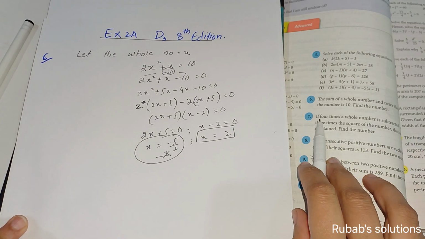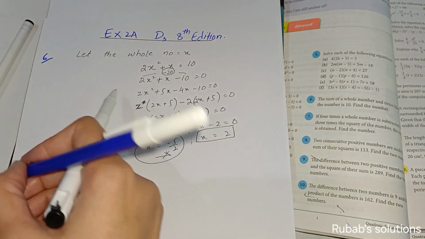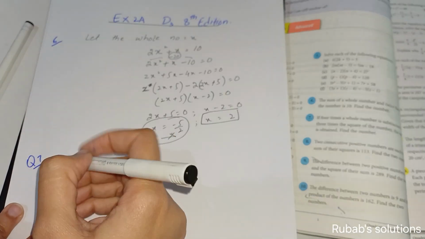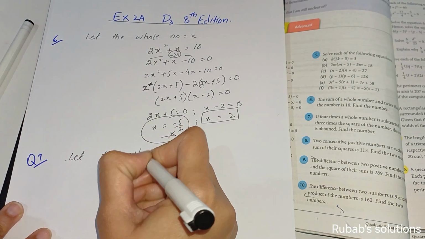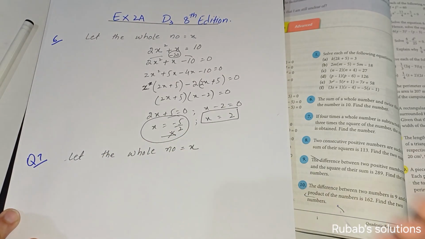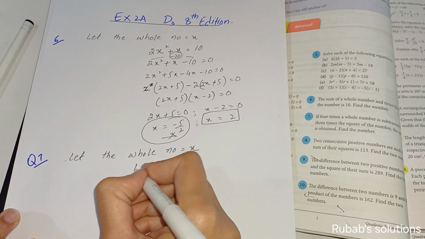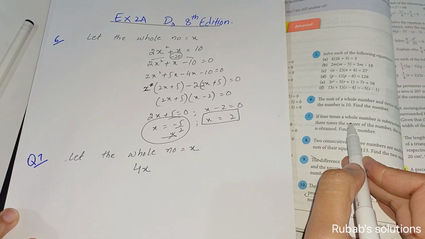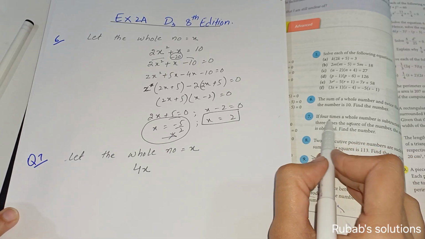Question number 7. If 4 times a whole number is subtracted from 3 times the square of the number, the result 15 is obtained. Again there is a whole number, so first of all, you have to suppose that let the whole number is equal to x. Now 4 times a whole number, 4 times means 4x, is subtracted from, now the term that is after from will come first.